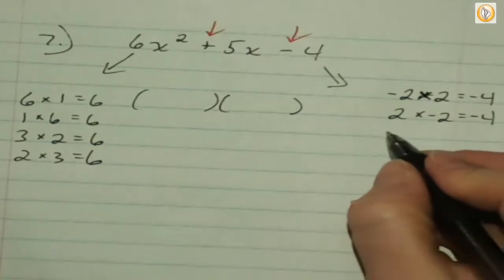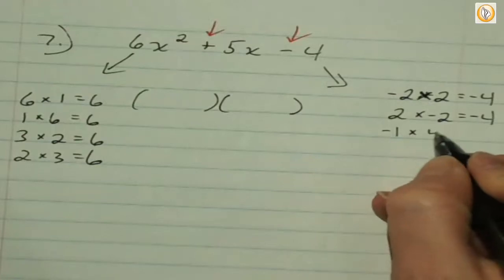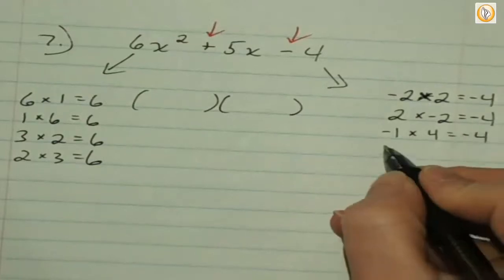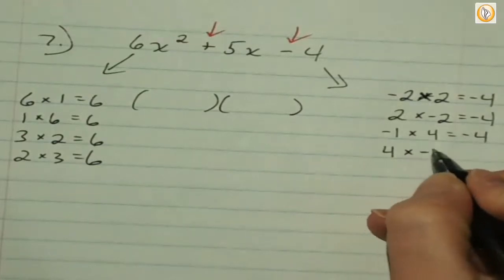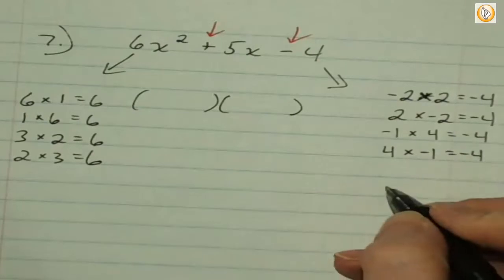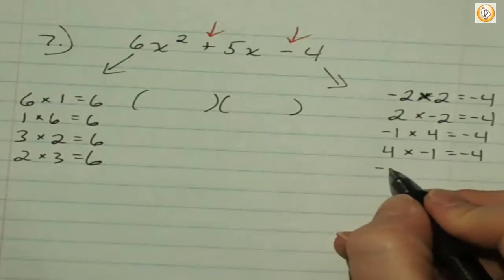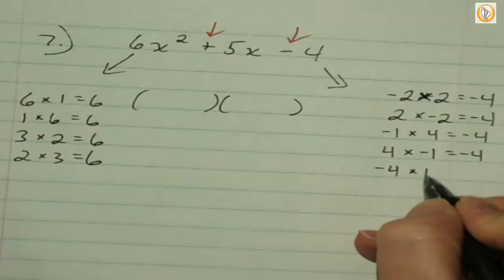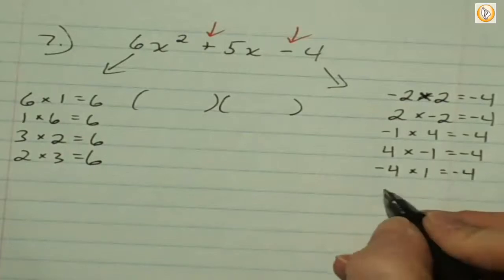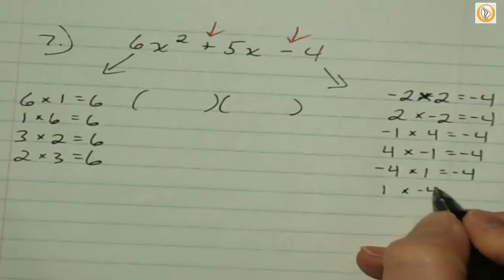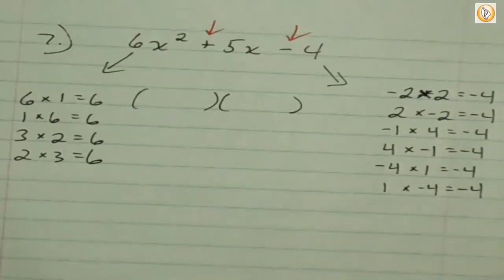Gabby? And then we have positive 4 over here times negative 1. And then we can have negative 4 times positive 1. Okay, so there's all my factors to get a negative 4.